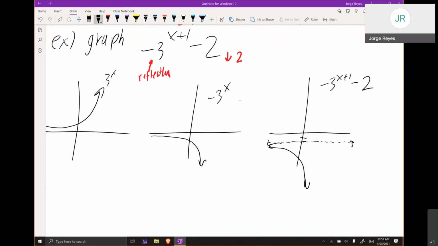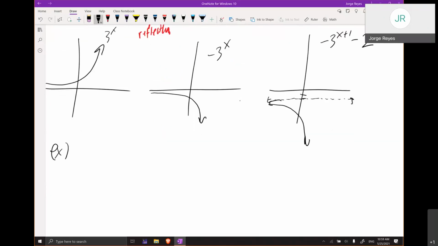Now, something weird can happen. Recall the example 5 to the negative x. Because we know power rules, we know that this is 5 to the negative 1 times x.